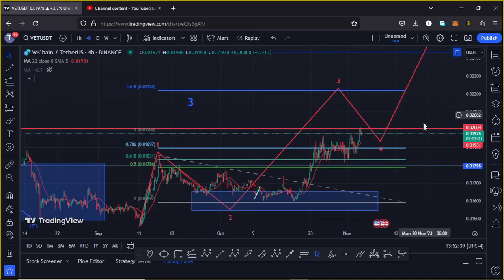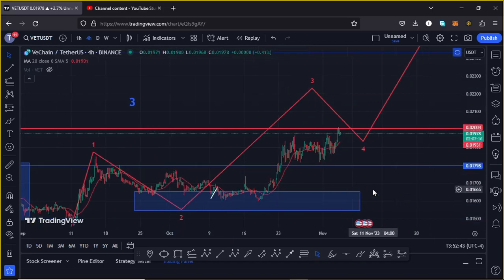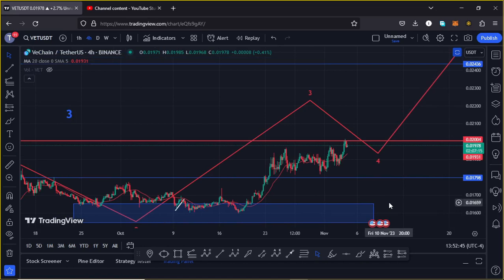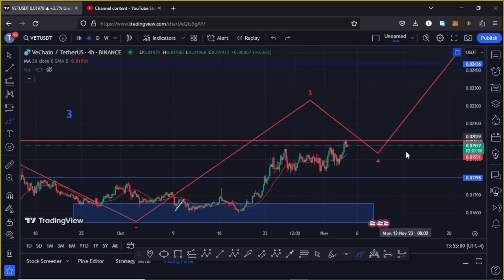And that is the minimum that I'm expecting Vechain to do the moment we see a break above resistance at around the $0.02 mark with a successful retest. Then that can easily play out before we can expect a wave 4, then continue gearing up even more impulsively in the formation of that wave 5.